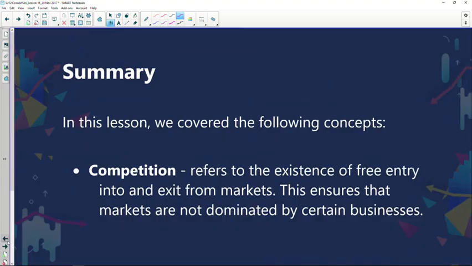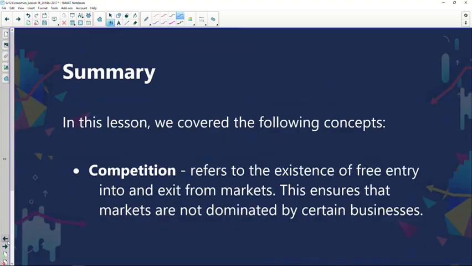Should you find yourself in a case where you are accused of misconduct in terms of competition and competitive pricing, you will be able to approach any of these institutions in order to seek some judgment or protection, or if you want them to amend or perhaps exempt you from any clauses that are stated in the Competition Act of South Africa. Okay, so just to sum up today's lesson, in this lesson, we covered the following concepts.